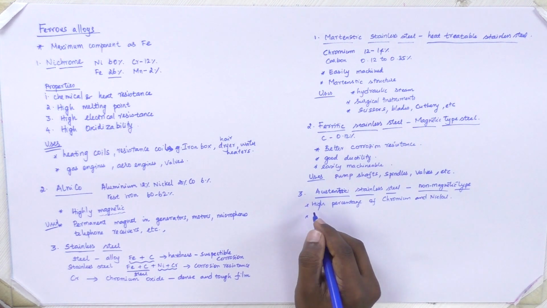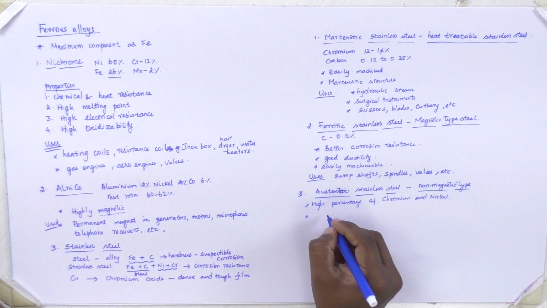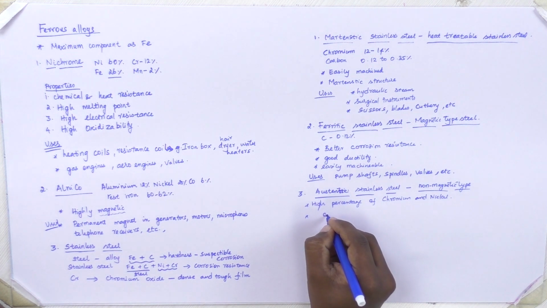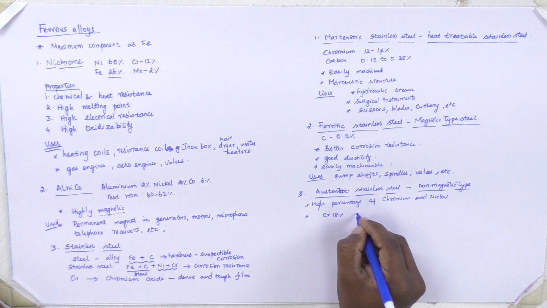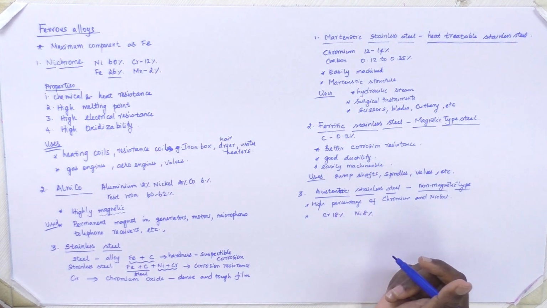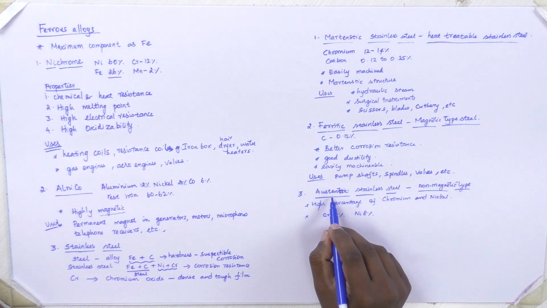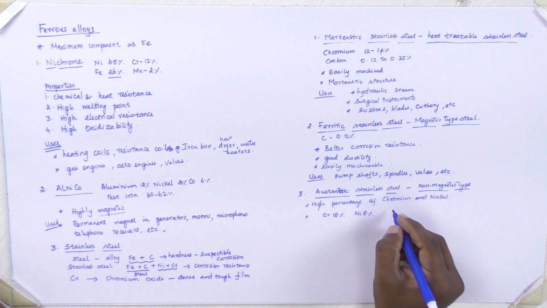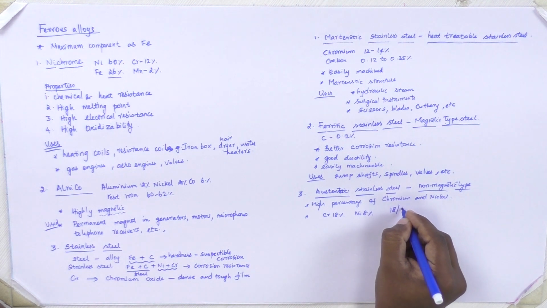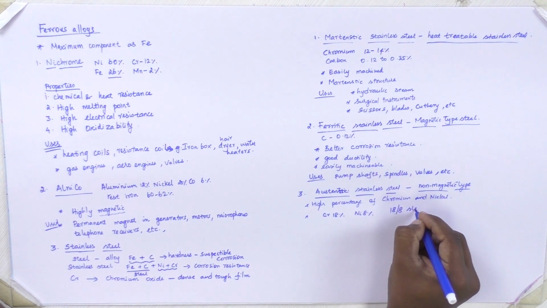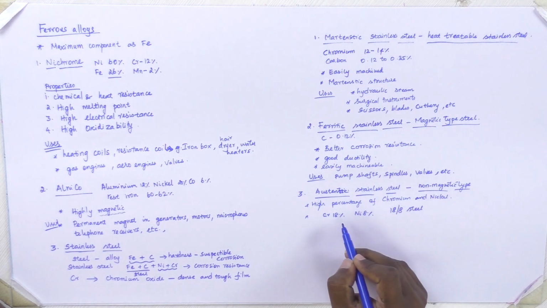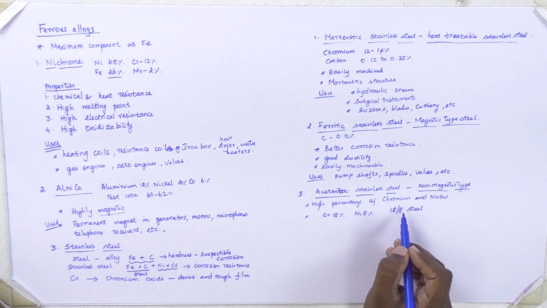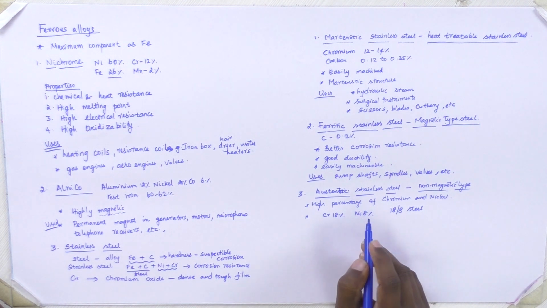The percentage is about 18 percent chromium and 8 percent nickel. That's why this type of austenitic stainless steel is also called 18/8 type steel, because it possesses 18 percent of chromium and 8 percent of nickel.